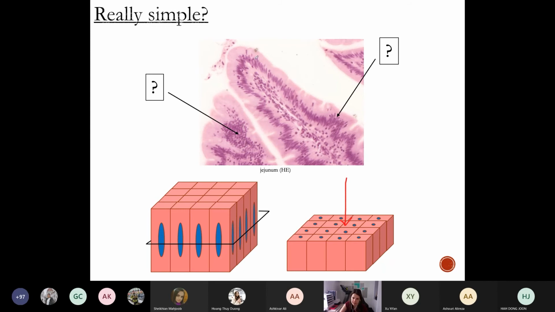But if you can see nicer cuts, so cuts where really the shape of the cells is visible, because that's more like a longitudinal cut through, if we would cut through the epithelium here in this frontal plane, then we would see nicely the columnar shape of the cells.